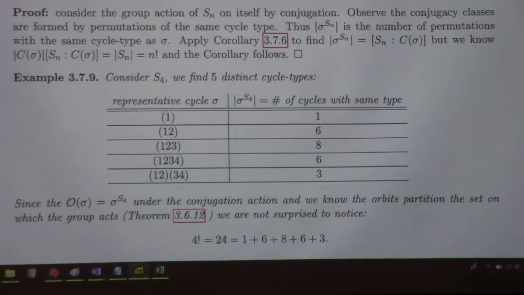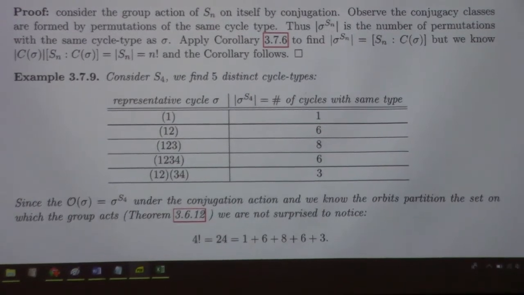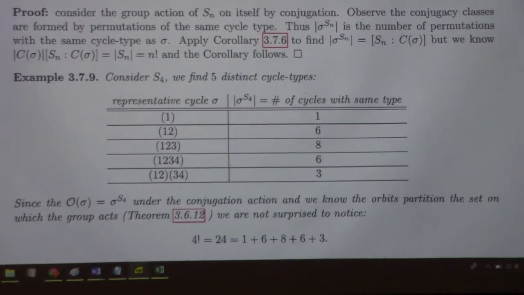And so those are your cycle types. You've got 1, 2, 3, 4, 5 different cycle types. Each one of these numbers divides 4 factorial, which of course is 24. And they also sum to 24. So we've got this interplay between a partition and an additive partition. The sum of these numbers is equal to 24, and each one of the numbers also divides 24. It's interesting.